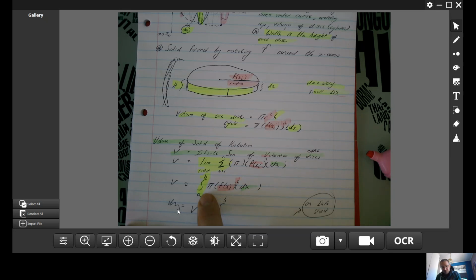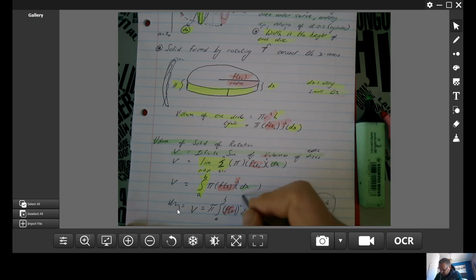So it's the integral, just like we did with Riemann sums, from a to b of pi f of x squared with respect to x. But with integration, the variable is x, so we can take out pi, which is just a constant, and I'm left with f of x squared dx.